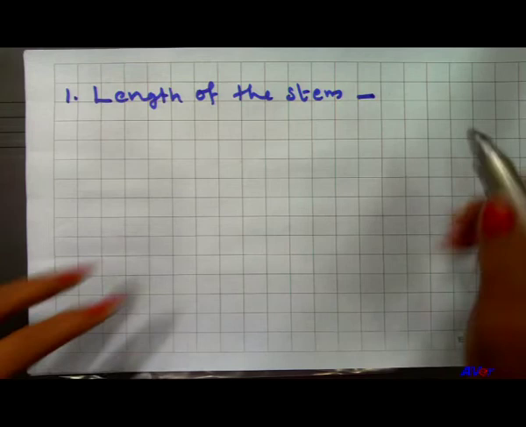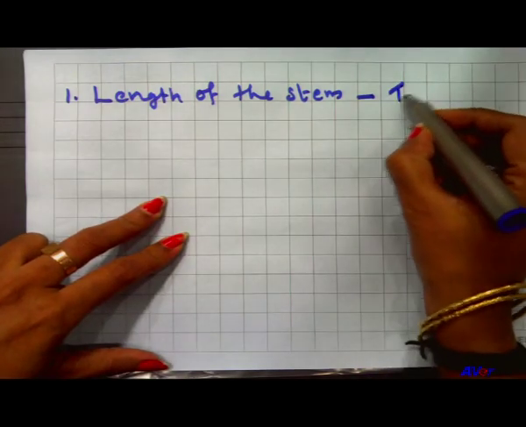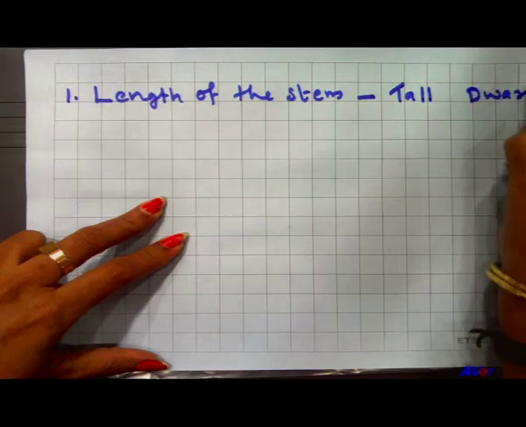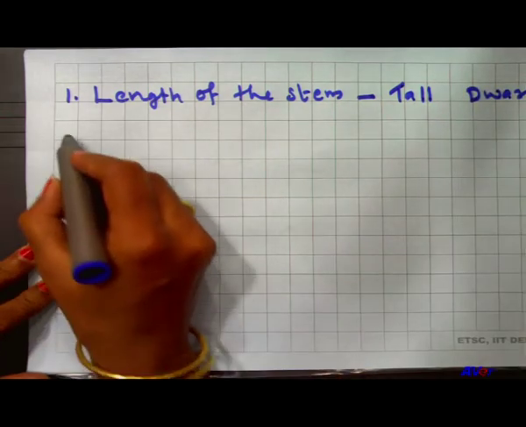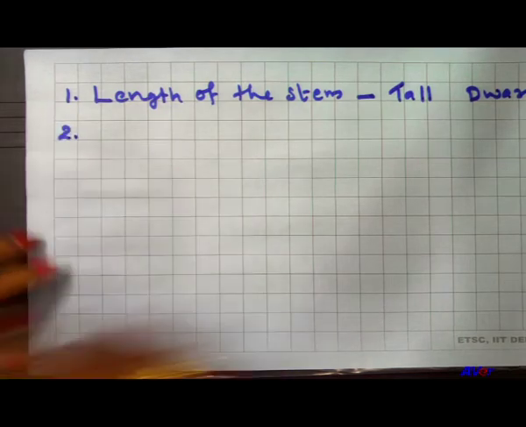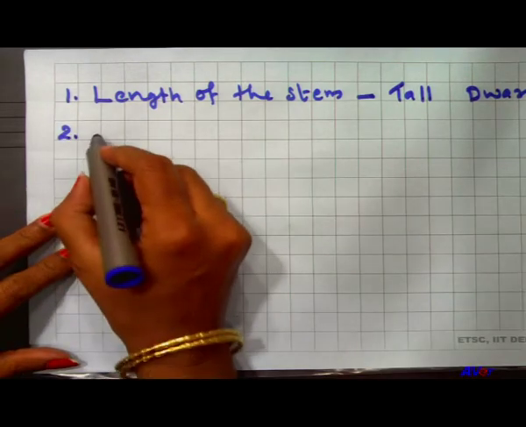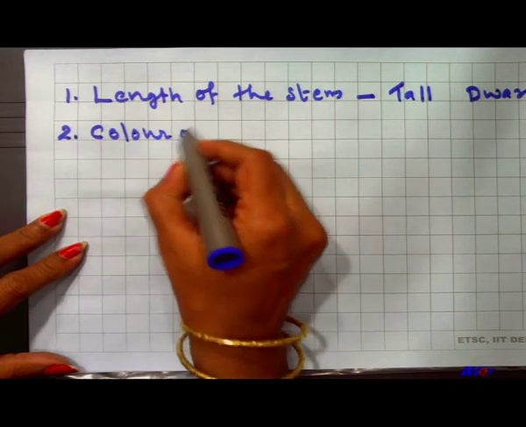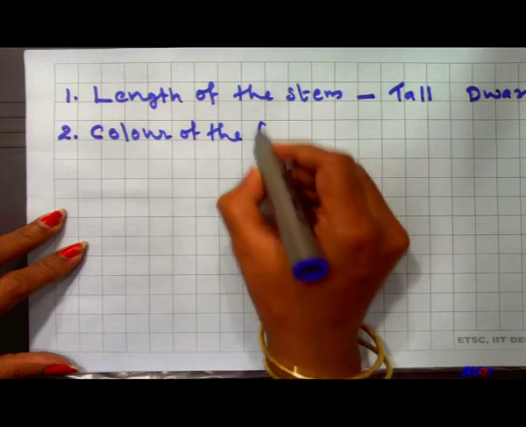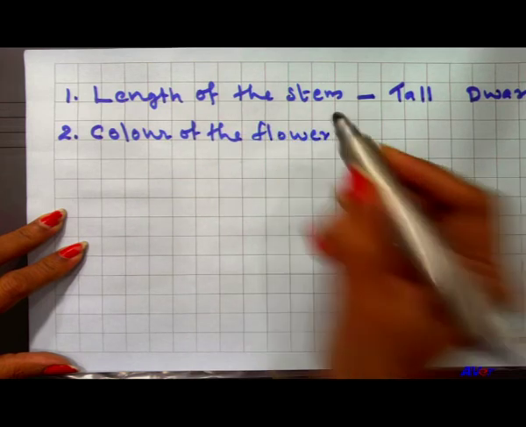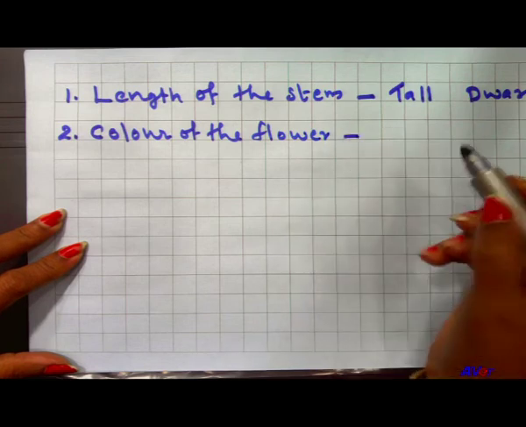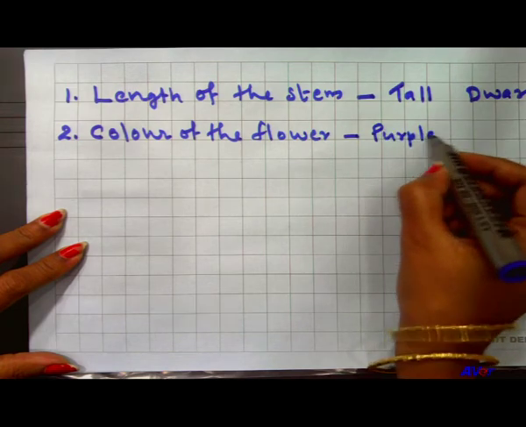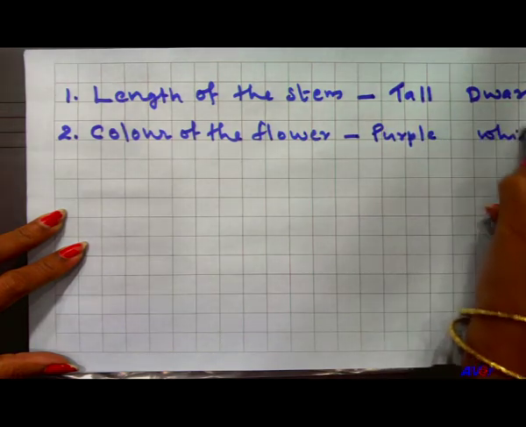Here the contrasting characters are tall and dwarf. Second character is color of the flower. Here the contrasting characters are purple and white.